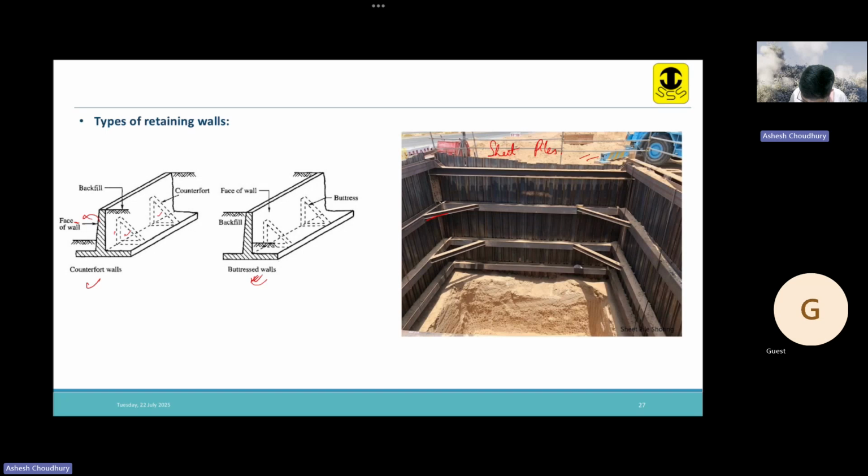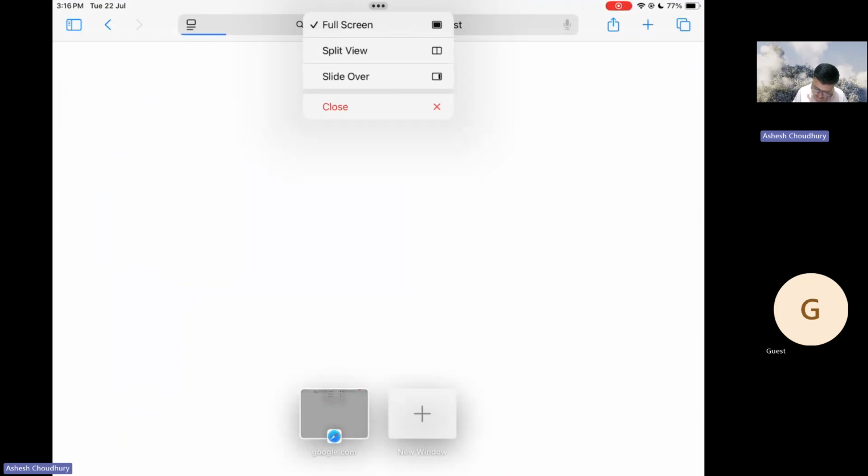And these sheet pile structures can be buttressed also. Here you can see these beam members, these buttressing members.